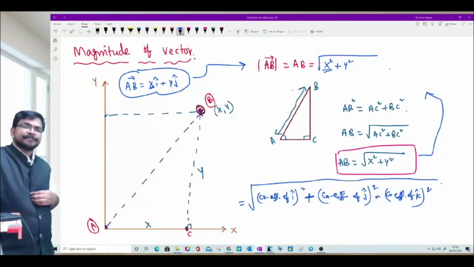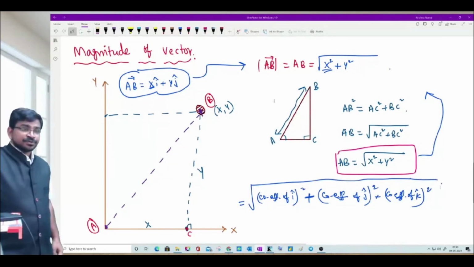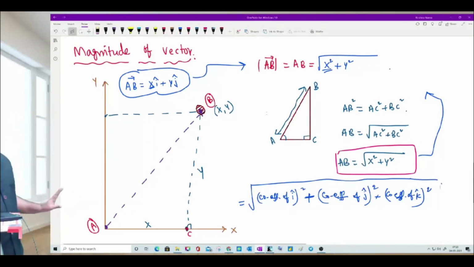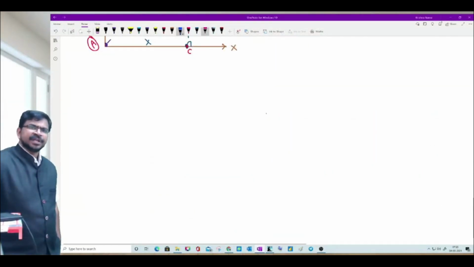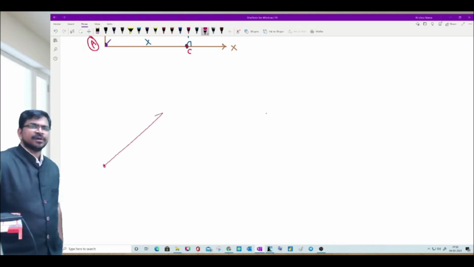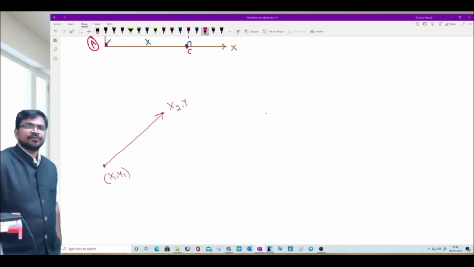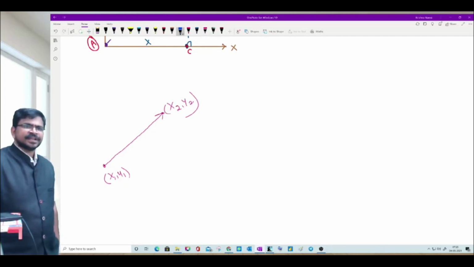Now, suppose instead of the origin, it has a general point, like we have been doing from the beginning. Suppose it is from a point x1 comma y1 to x2 comma y2. In this case, how to handle? First we write what the vector is. What is vector PQ?